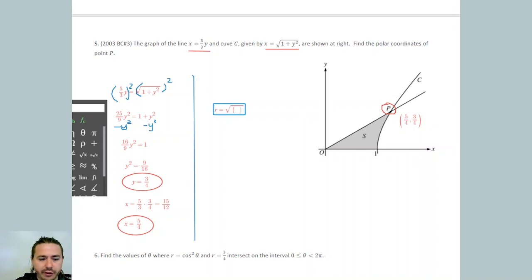So I'm going to have 5/4 squared plus 3/4 squared. And honestly, this is something you probably want to put in the calculator. I would put just what's underneath the square root first, just in case it's not a perfect square.